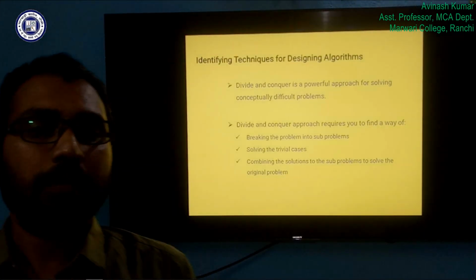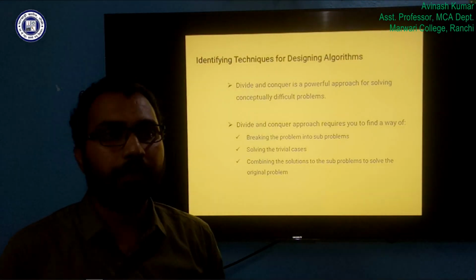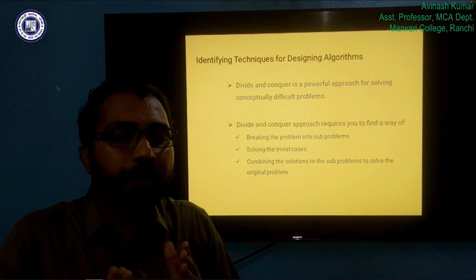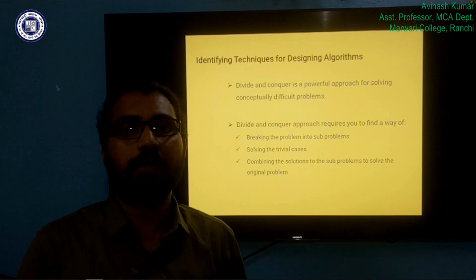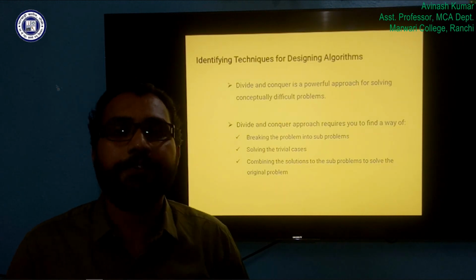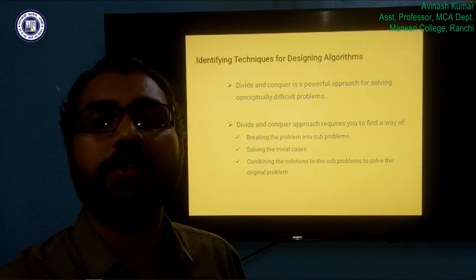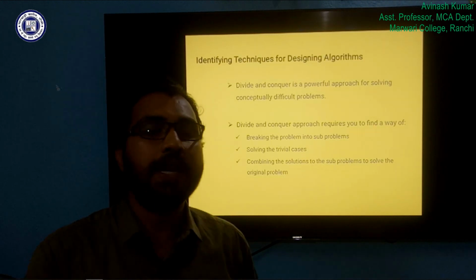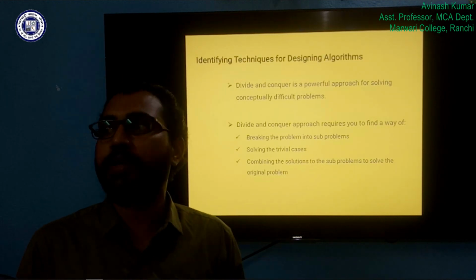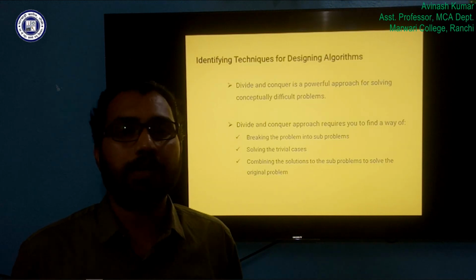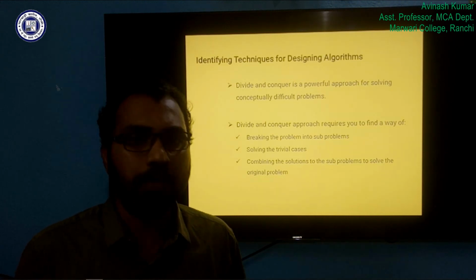Means, in case of divide and conquer approach, we divide the complexity level of a given algorithm, a program, a process into different parts. We solve those different parts one by one and then combine the solutions to get the actual result or to get the actual solution.